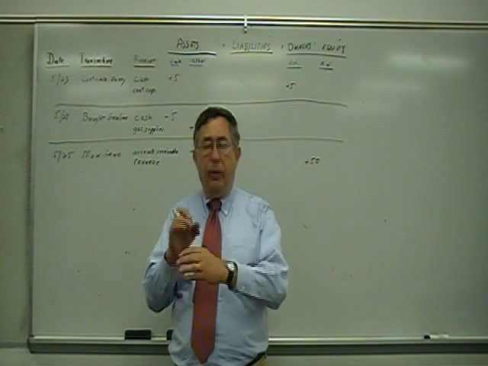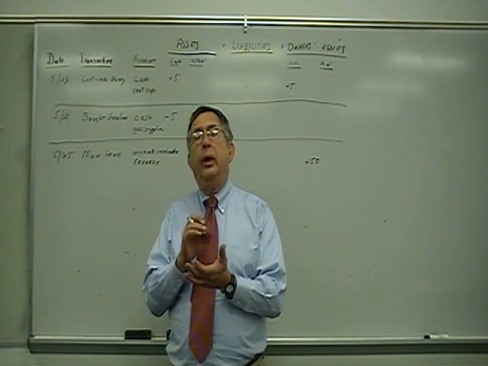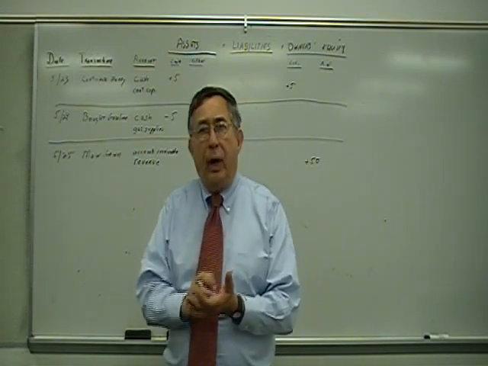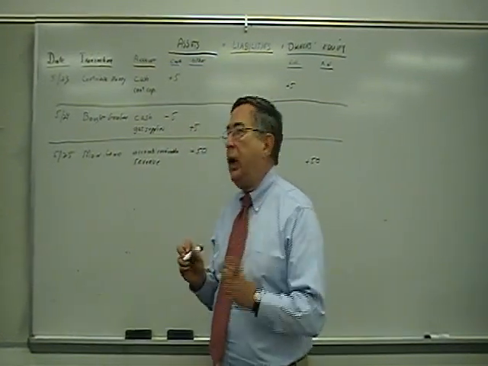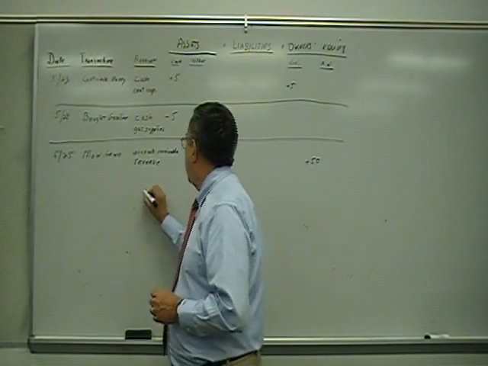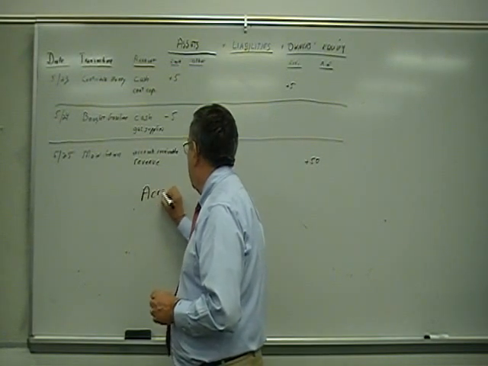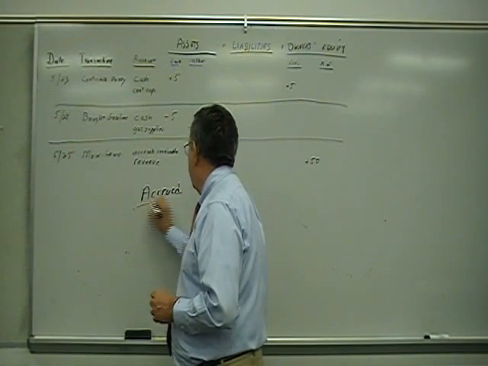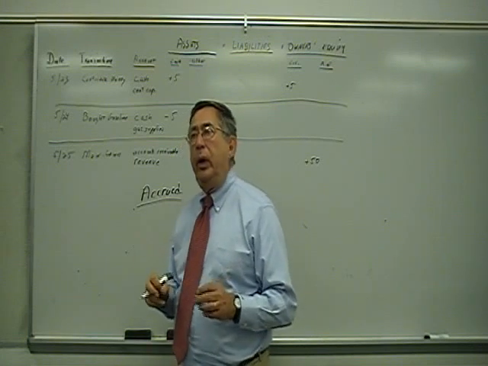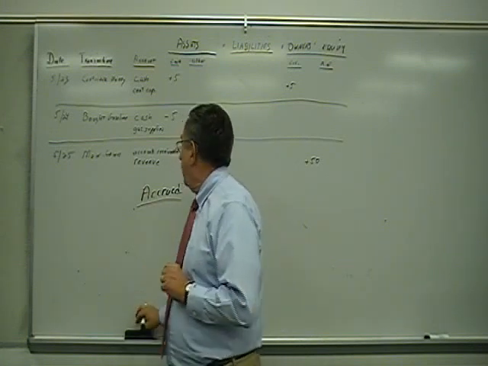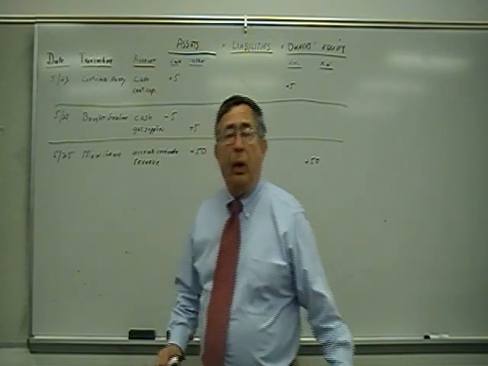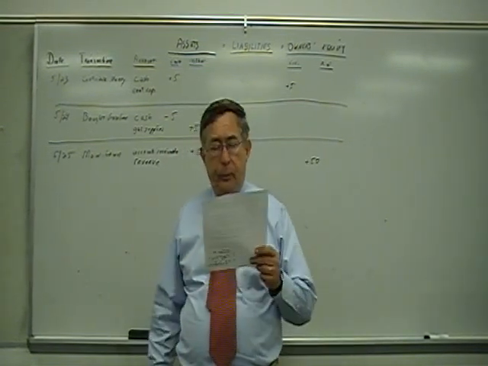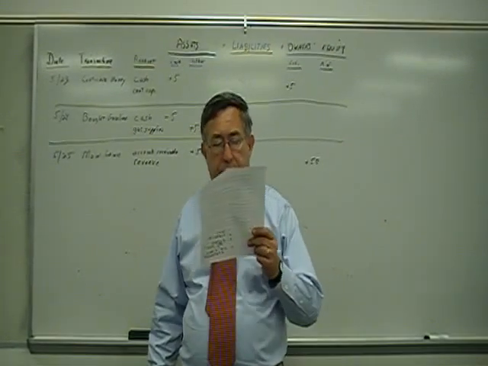We have performed the service. Therefore, we claim the revenue now, even though we have not gotten the cash. We call this accrued revenue. Accrued revenue is revenue we have earned before we actually get the cash. So we have the revenue on May 25th, but we won't get the cash until June.